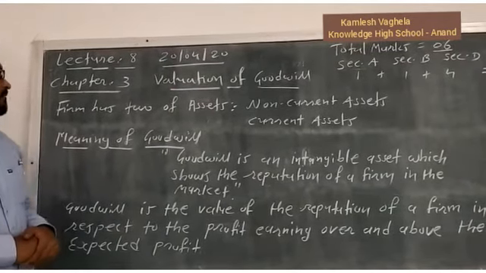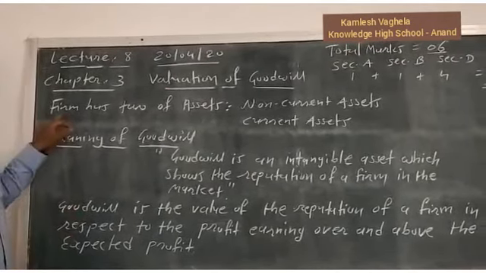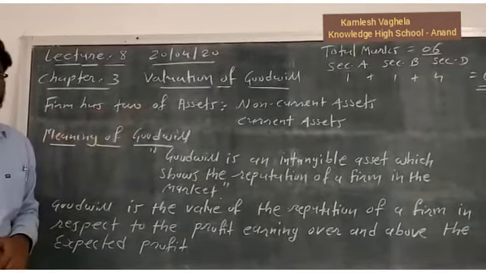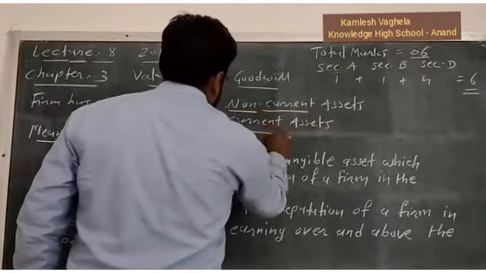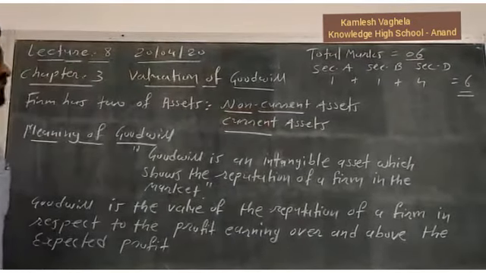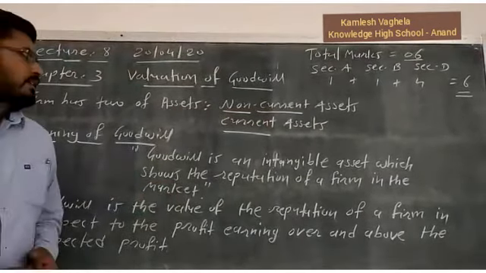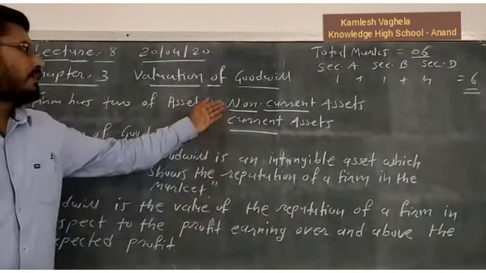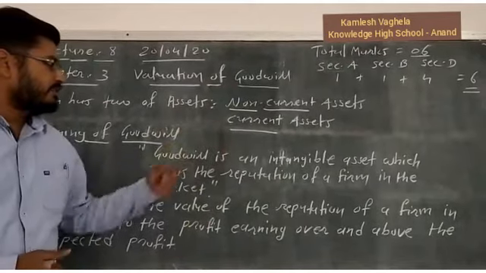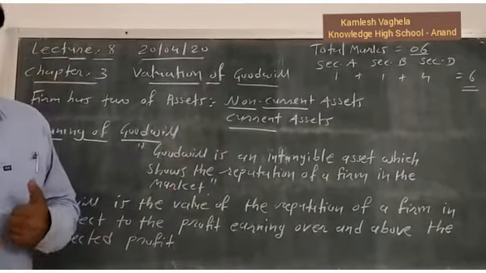Before that, as we know, a firm has 2 types of assets, that is non-current assets and current assets. What are non-current assets? Assets which we hold for more than 1 year are non-current assets, and current assets are the assets which we hold for less than 1 year.